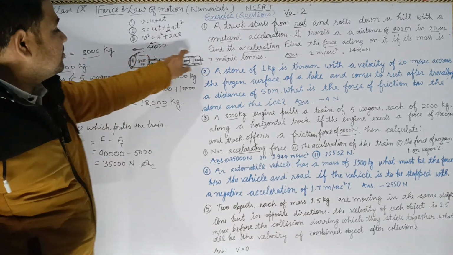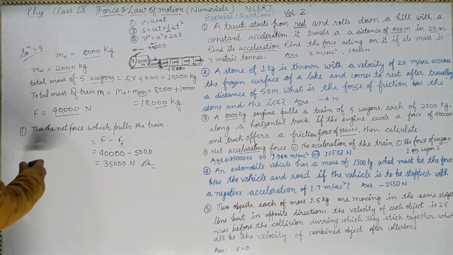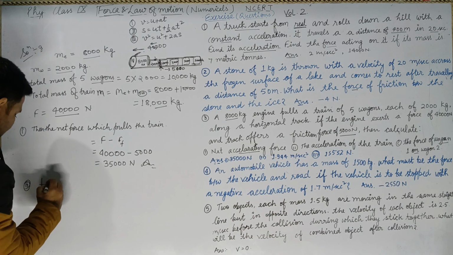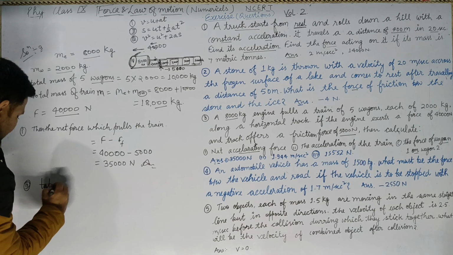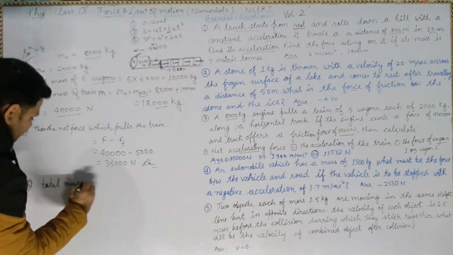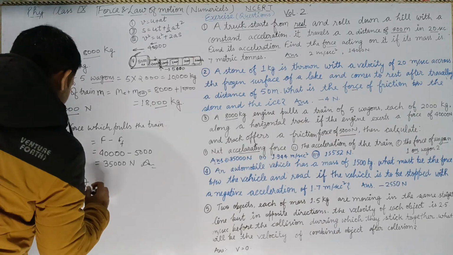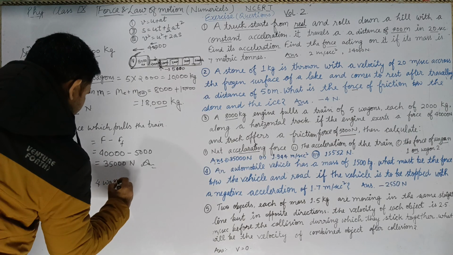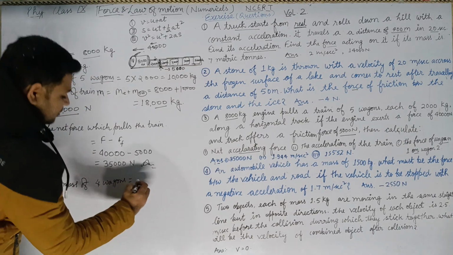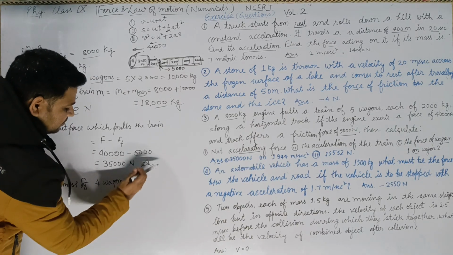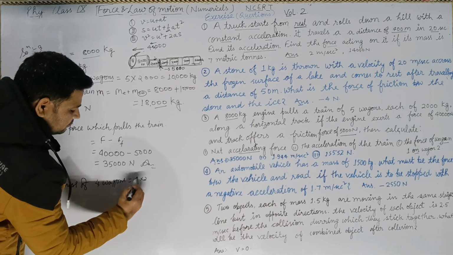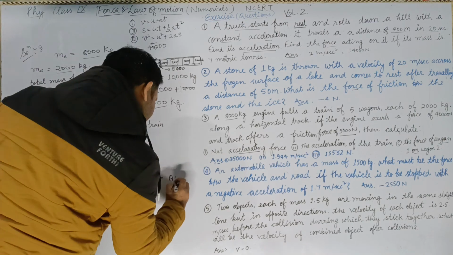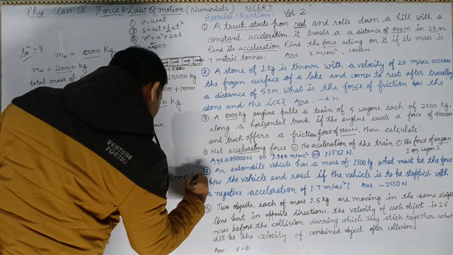So the total mass of these 4 wagons equals 4 into 2000, which is 8,000 kilogram.